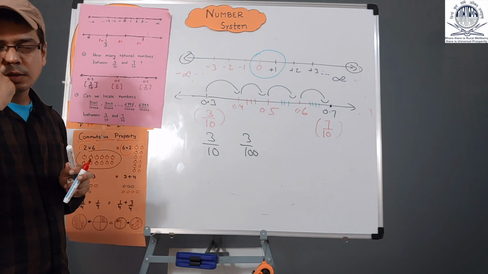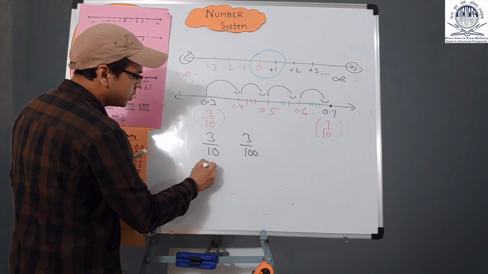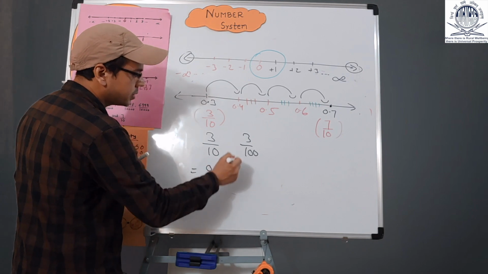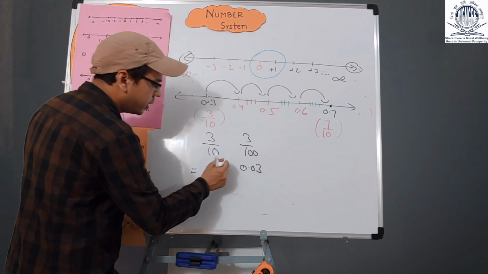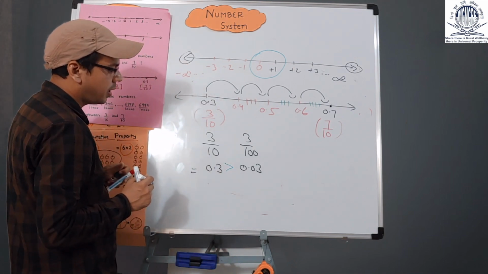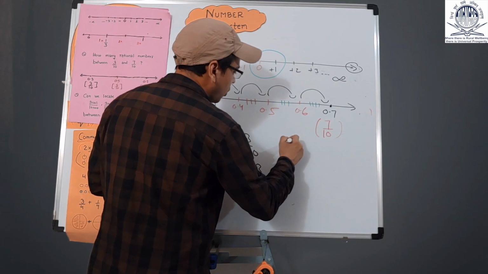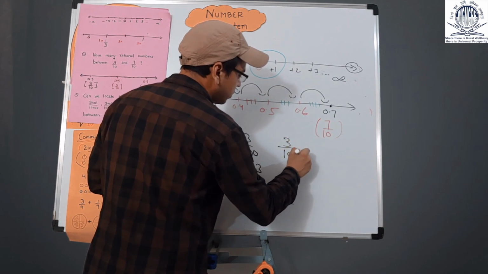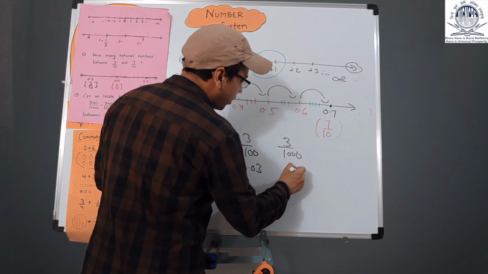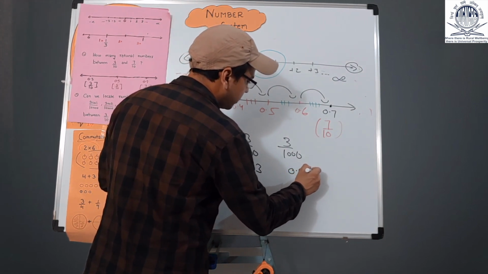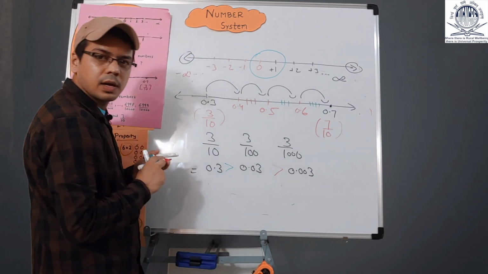We'll put it into decimals, and we know this is 0.3 and this is 0.03. So obviously 0.3 is bigger. And if I extend it this way, we also have 3 by 1000, which is 0.003. So obviously 0.3 is bigger than this.